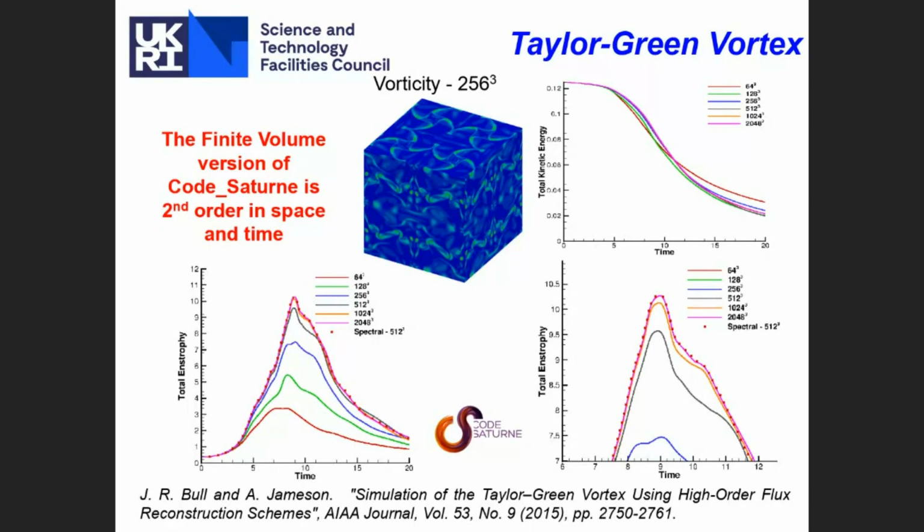There's a test case called the Taylor-Green vortex, and some simulations have been run there up to 2,000 cubed, so it's about 8 billion cells, and that's what is needed to recover spectral accuracy. That's the maximum on the right hand side, and this is also expected given the best order of accuracy we can get on Code Saturne.